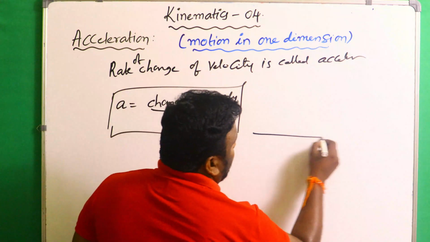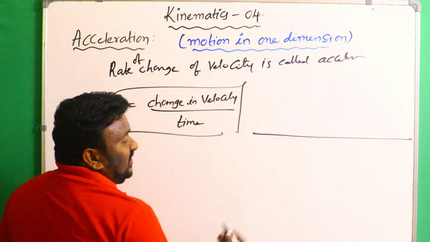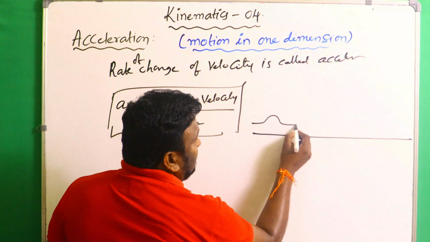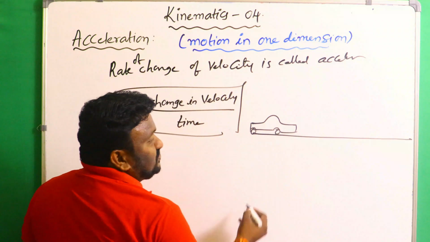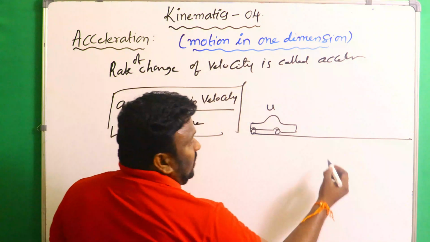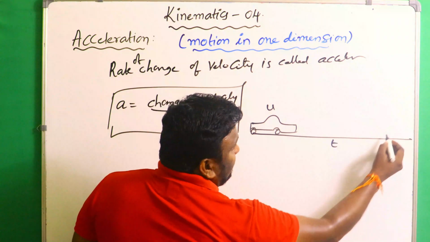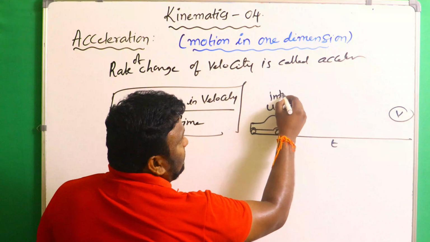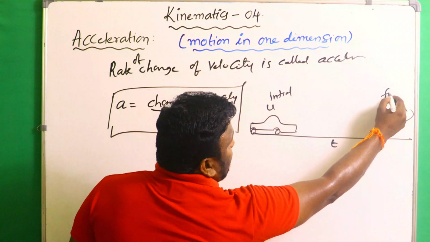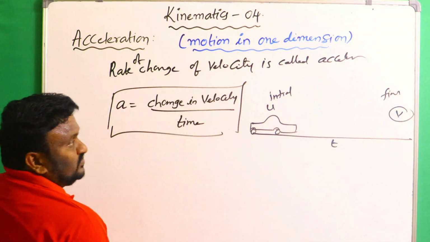For example, take one straight horizontal line. On that, a car is traveling, and it has some initial velocity u, and after moving for some time t, its velocity becomes v. u is the initial and v is the final velocity. Clear?